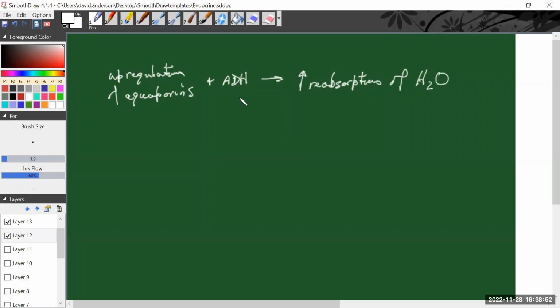These are water pores, there's more of them. We're going to get more reabsorption of water. And if we get more reabsorption of water, what happens to blood pressure? More blood pressure. That's right. And that's what we said was our original stimulus.